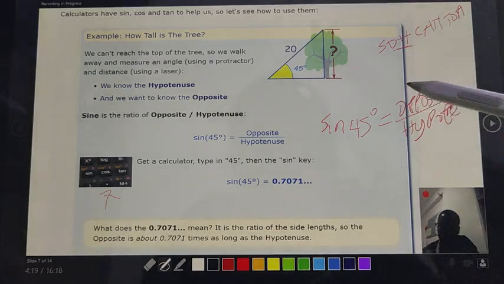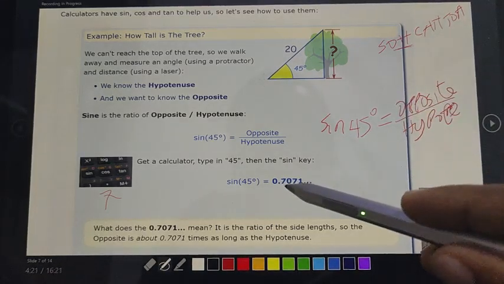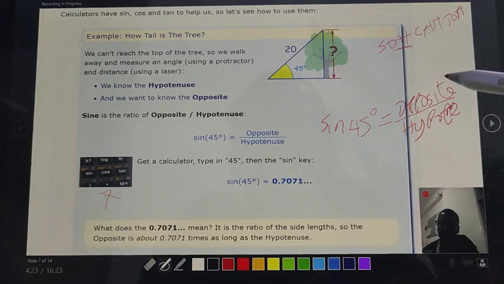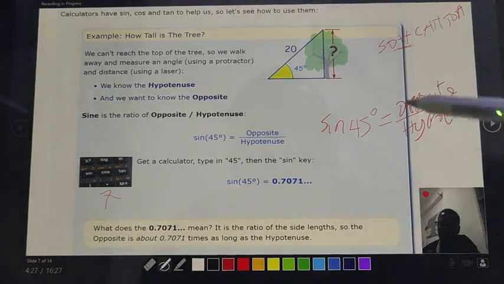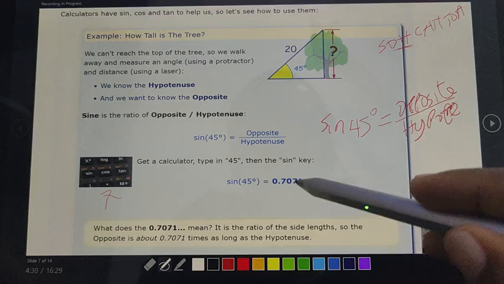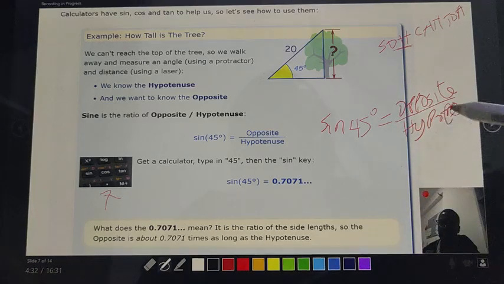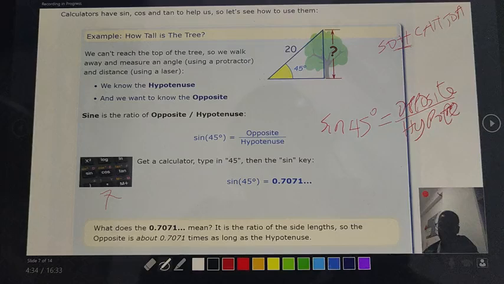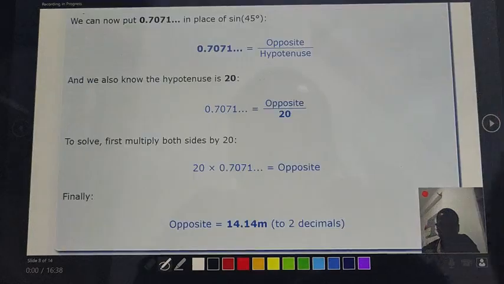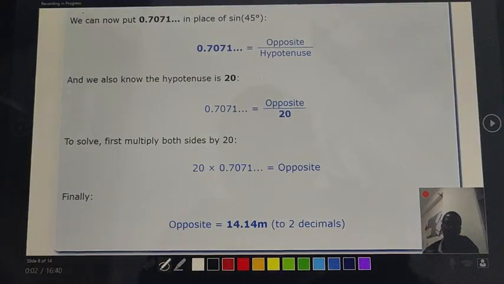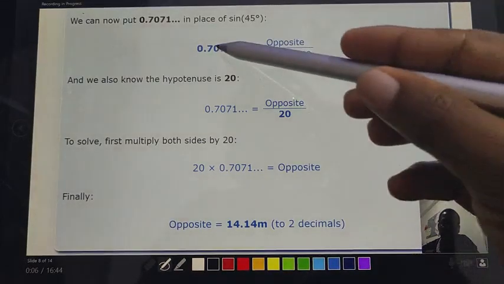Opposite equals 0.707 times the hypotenuse. That is what that means. So if we look at that, we have this now.